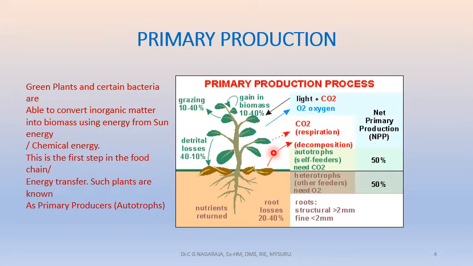So that is the point you have to remember. Now just to close this particular clip, I will say primary production refers to the fixation of carbon by autotrophs using raw materials like nutrients from the soil and carbon dioxide from the atmosphere, and they will use the sunlight and convert that into organic food material.